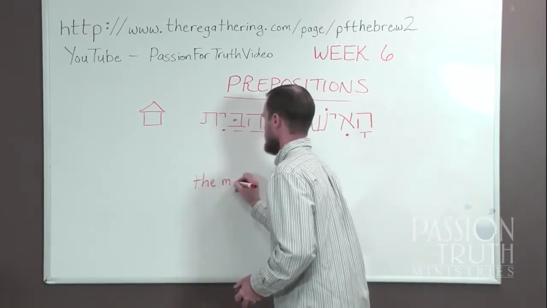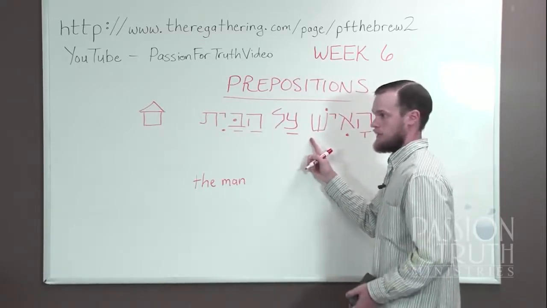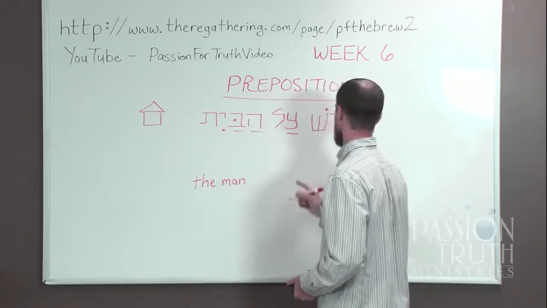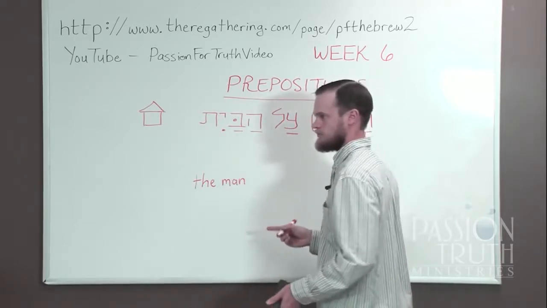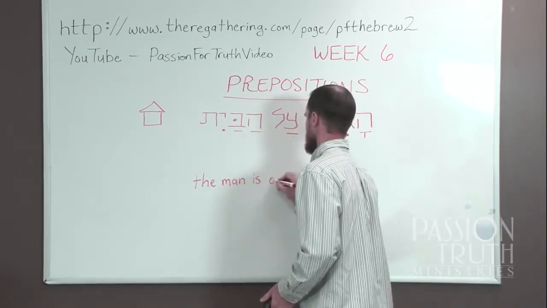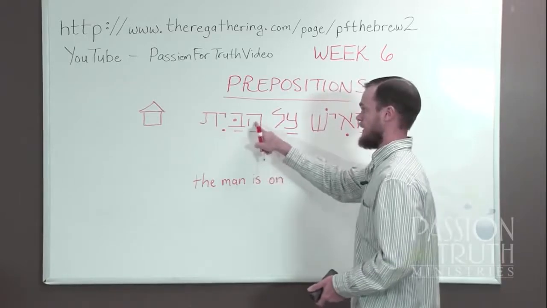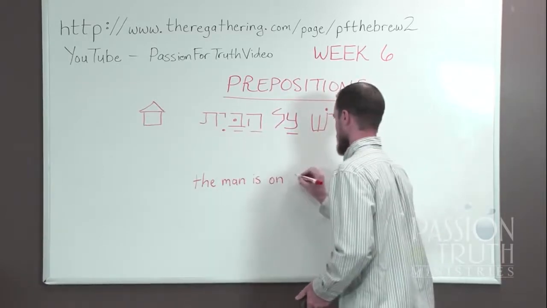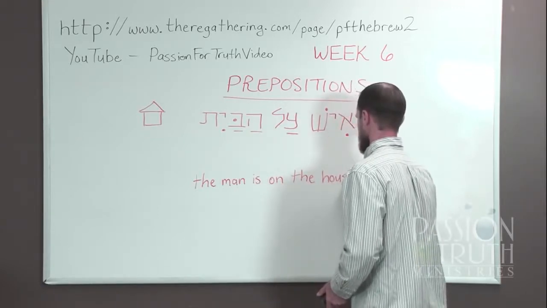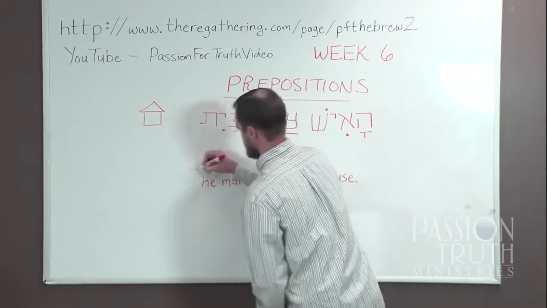We're starting with the man. Remember that is is invisible in Hebrew. There is no is, so we have to insert it from context. So we wouldn't say the man on, but the man is on. Bayit is a house, and the he in front gives the definite article. So this entire sentence is the man is on the house.